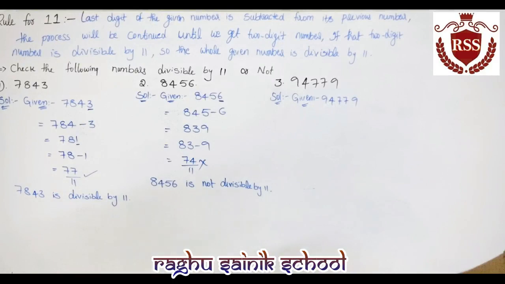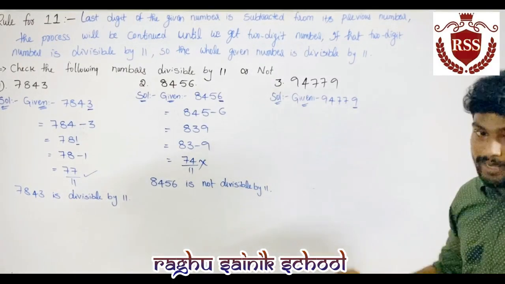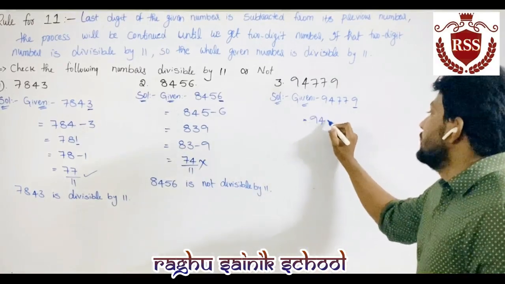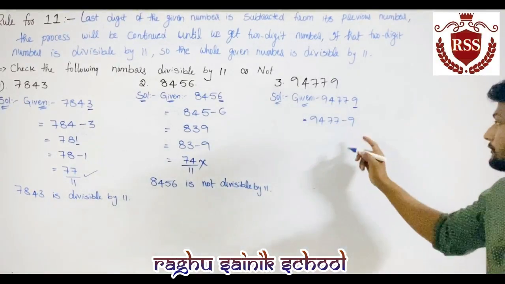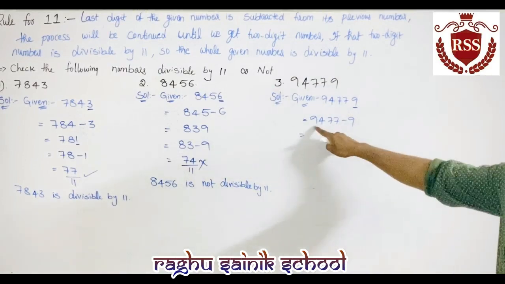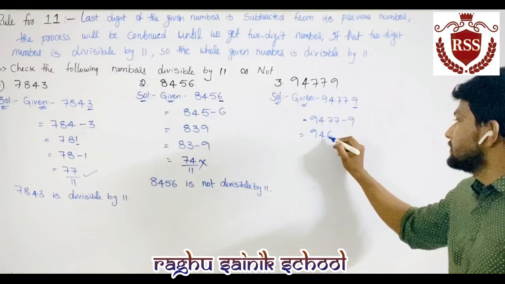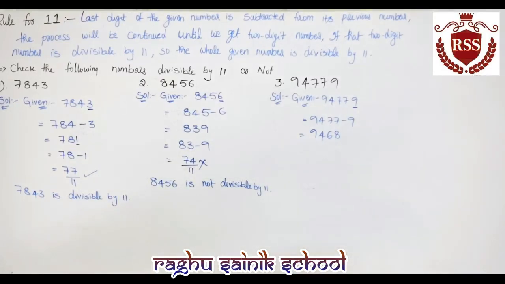What is the divisibility rule? The last digit here is 9. 9 is subtracted from its previous numbers, 9477 minus 9. We subtract 9 from 94779, and it will be 9468.